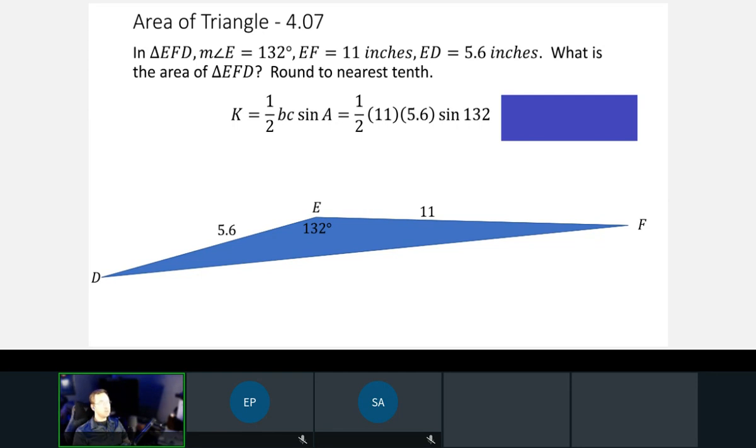And again, make sure you are in degree mode because we're talking about degrees here, not radians. So typing all this in and hitting enter, and we're going to round to the nearest tenth. We should all get the correct answer this time. This morning, it was a big mess, but it should be 22.9 inches squared.